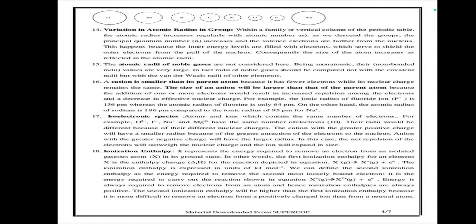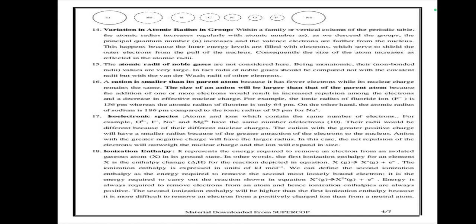For example, the ionic radius of fluoride ion is 136 pm, whereas the atomic radius of fluorine is only 64 pm. On the other hand, the atomic radius of sodium is 186 pm compared to the ionic radius of 95 pm for sodium ion.